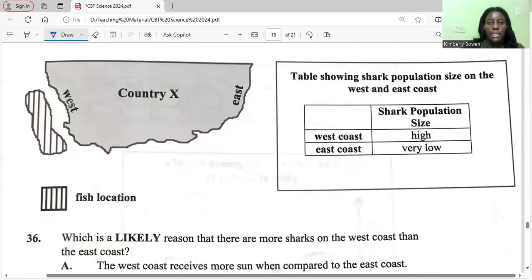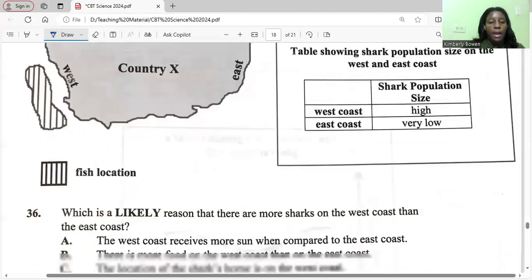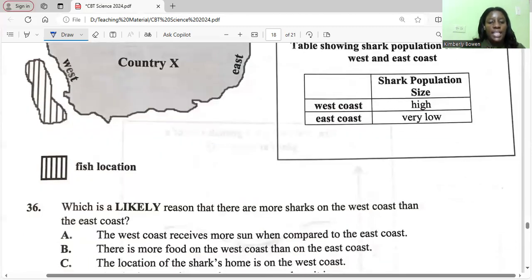And we can examine it. I'm just going to leave it there for us to examine it for a few seconds. Which is likely the reason that there are more sharks on the west coast rather than the east coast?